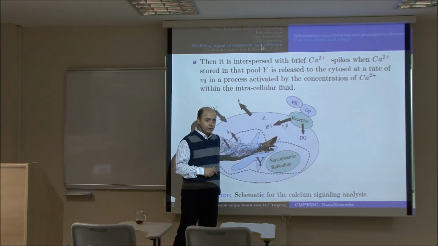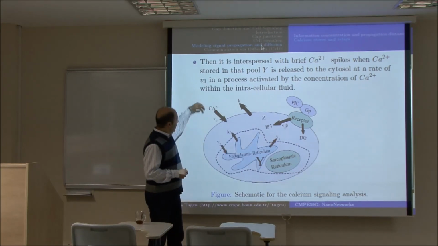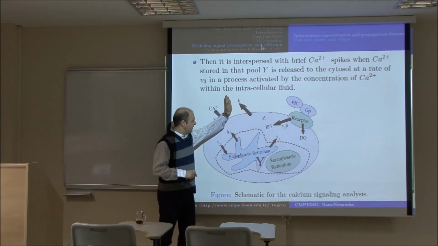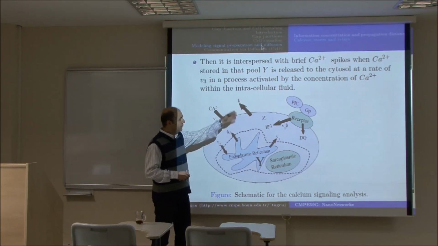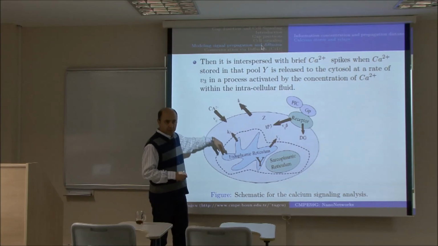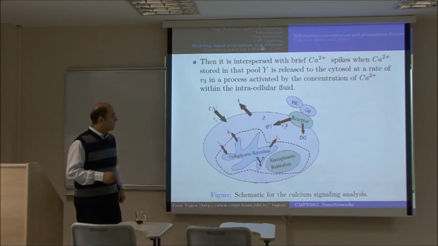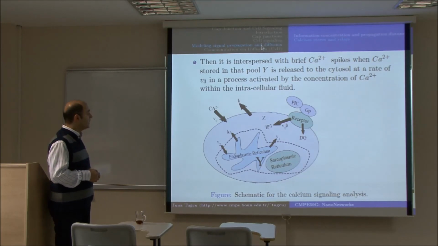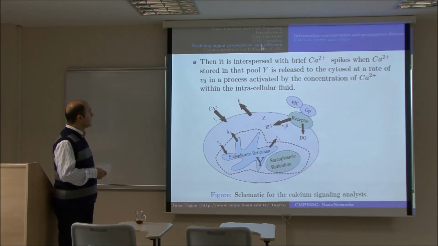V3 will also cause an increase in Z. This V0 will also cause an increase in Z, whereas K will be negative. V2 will also be negative because it will cause Z to decrease. It's because this is storing calcium ions in the pool. This Kf is also positive for Z. However, some of these are dependent on the concentration, some are not, as you'll see.